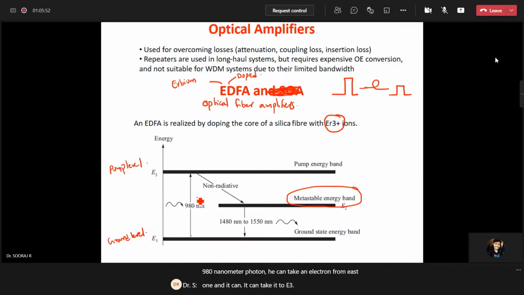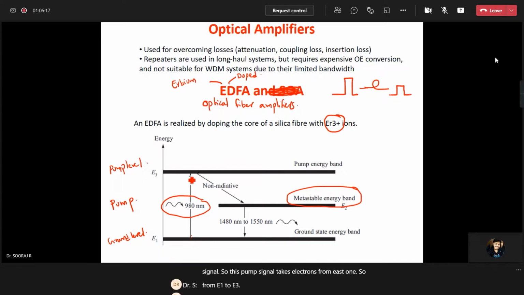So I would call this signal the pump signal. Pump means it's actually pumping the electrons from E1 to E3. So this pump signal takes electrons from E1 to E3.